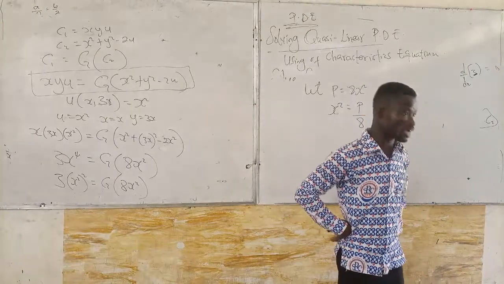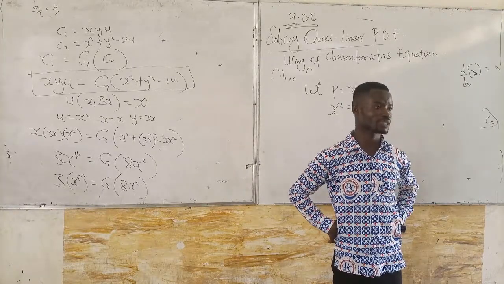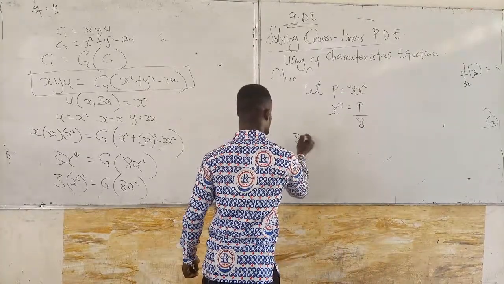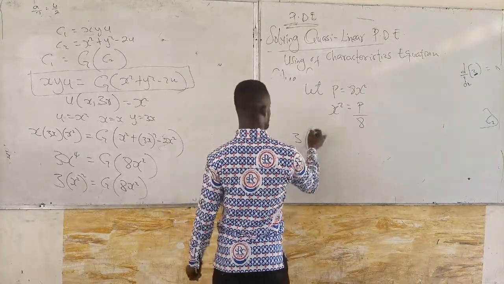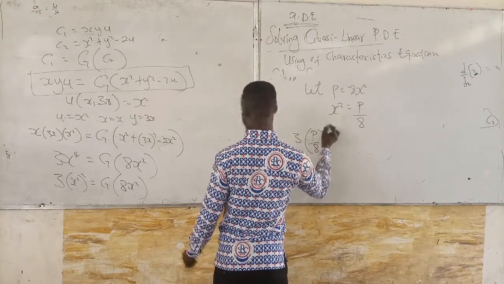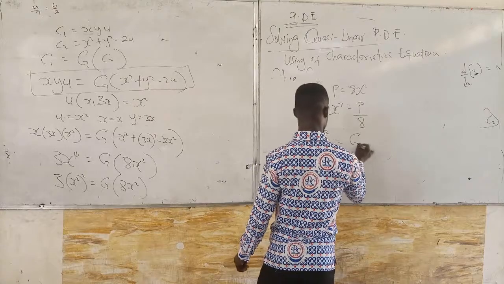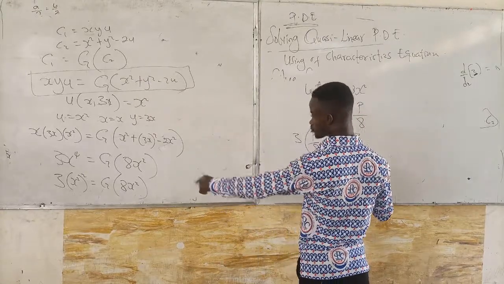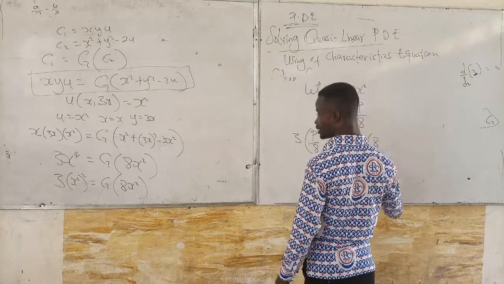So 3 times p over 8, all squared, is equal to g of p.